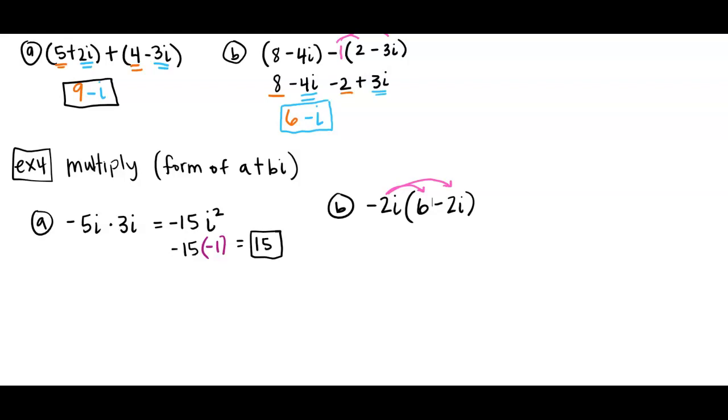All right, Joe, would you mind walking us through how you did this problem? Alright, so I did the distributive property, and I got negative 12i plus 4i squared. Okay.